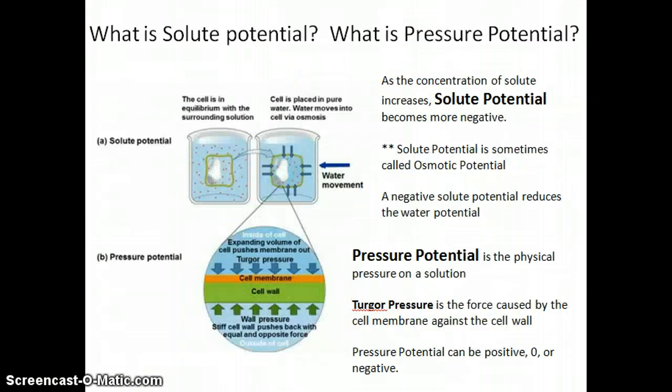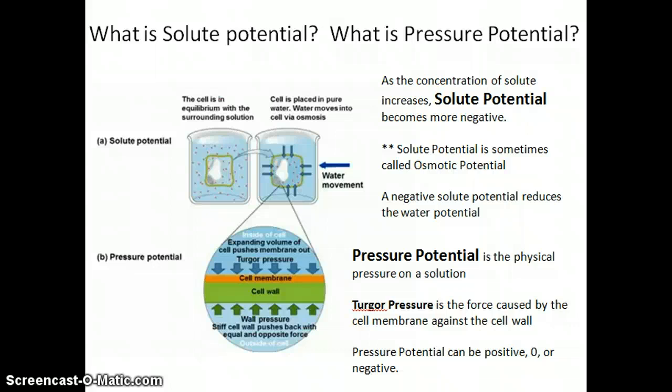All right, so what is solute potential and what is pressure potential? Solute potential is really a matter of the concentration of that solute in a solution, and that solution could be on the outside of the cell or on the inside of the cell. Now, as you add solute to a solution, that solute potential becomes more negative.